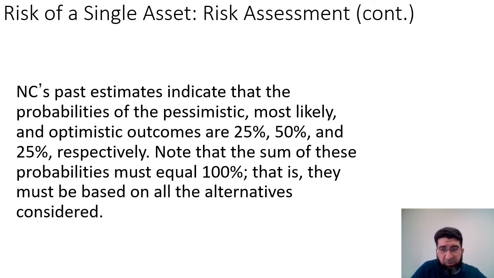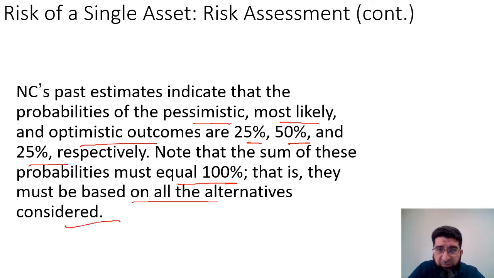So let's look at this example and we can move forward with this. NC's past estimates indicate that the probabilities of the pessimistic, most likely, and optimistic outcomes are 25%, 50%, and 25% respectively. This we already learned in the last example. Note that the sum of these probabilities must equal 100%. That is, they must be based on all alternatives considered.